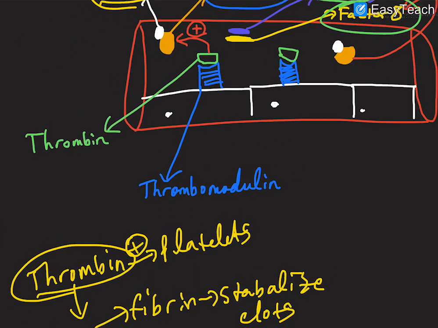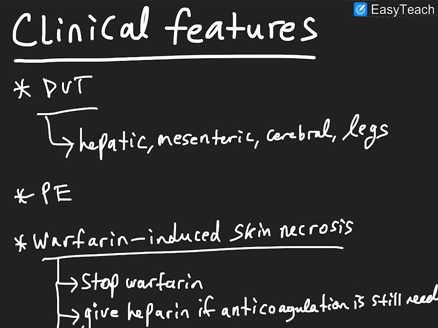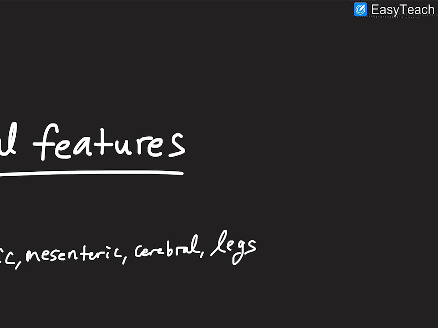So now that that's understood, let's look at the findings and the clinical features. If you're deficient in protein C, then you can't inhibit. So usually what does protein C do?